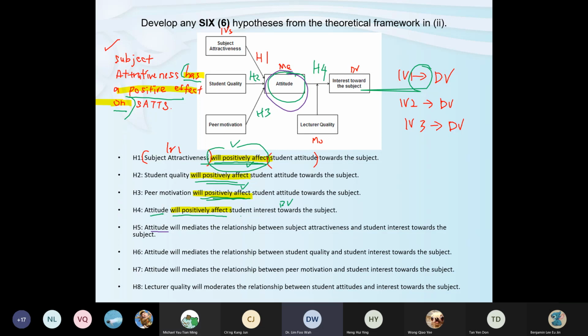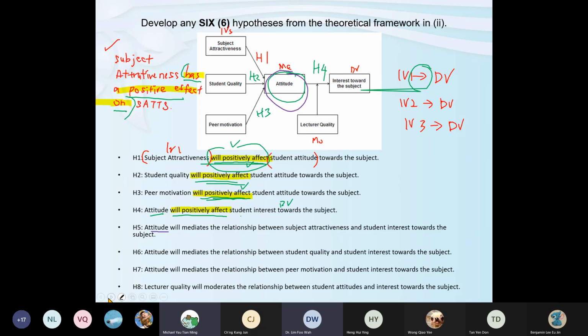Copy back all these sentences: will mediate the relationship between subject attractiveness and student interest toward the subject. If you realize it, they just plug in the mediating variable in hypothesis 1 to hypothesis 4, using another sentence to represent the mediating variable.